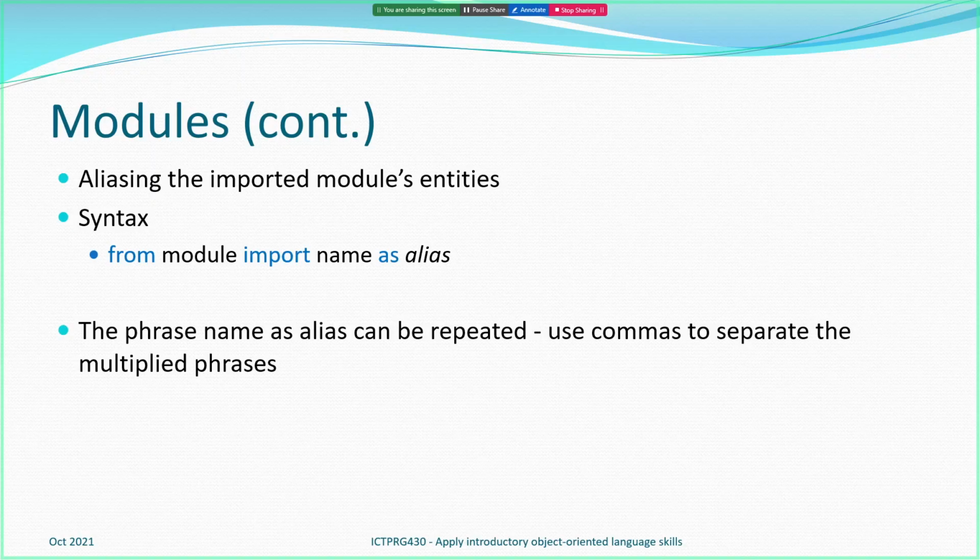Now, you can do this repeatedly with commas to separate the phases. The benefit of using aliases is you can make unique names. You can also use it to shortcut the calling of the name.